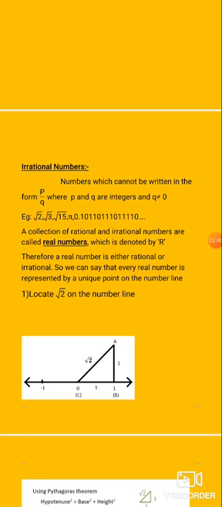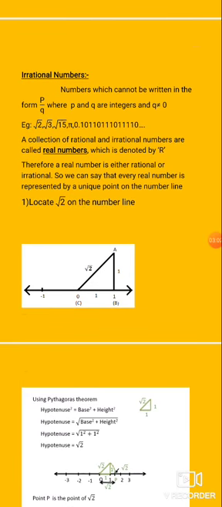After that we need to draw AB perpendicular to the number line, also of 1 unit. Then join O to A.